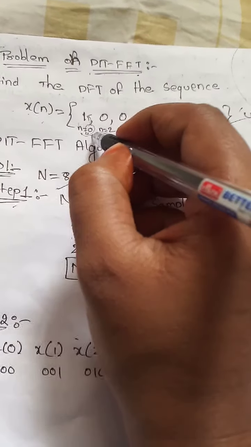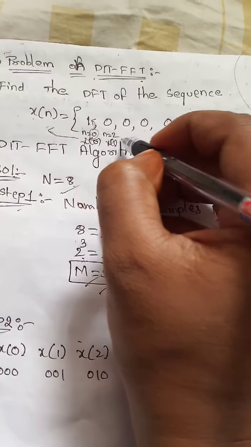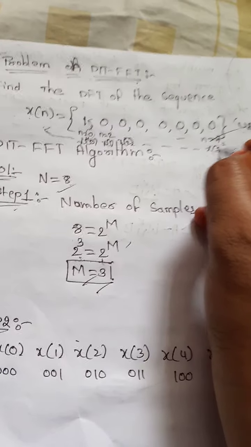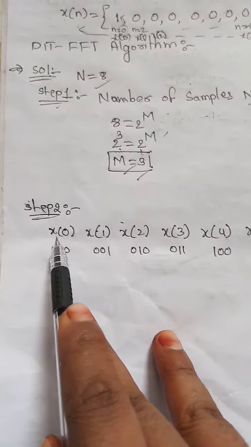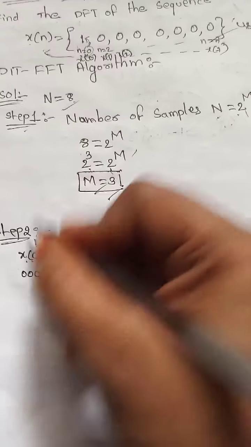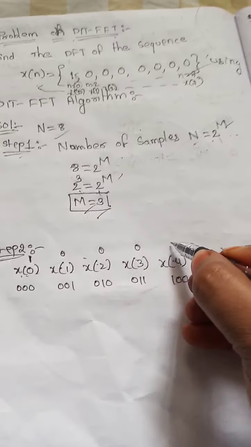So we write x of 0, x of 1, x of 2, x of 3, x of 4, x of 5, x of 6, x of 7. At x of 0 we have the value 1, and all the others are zeros.